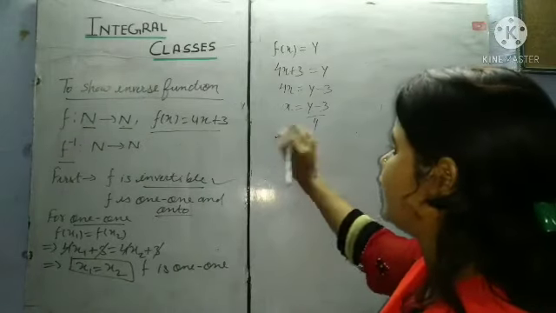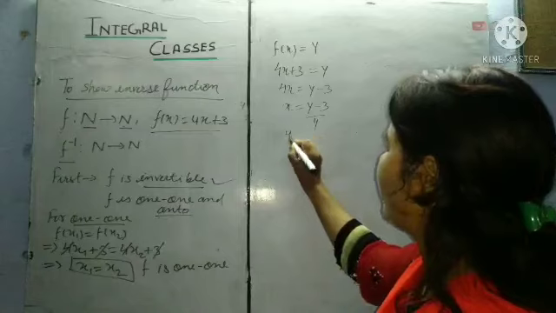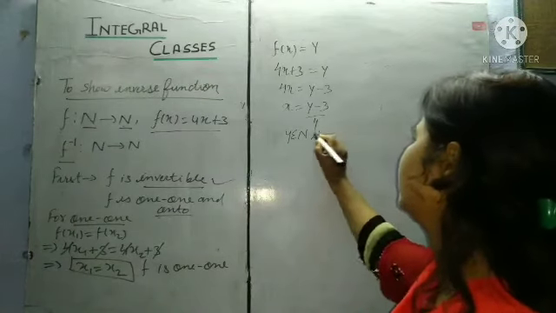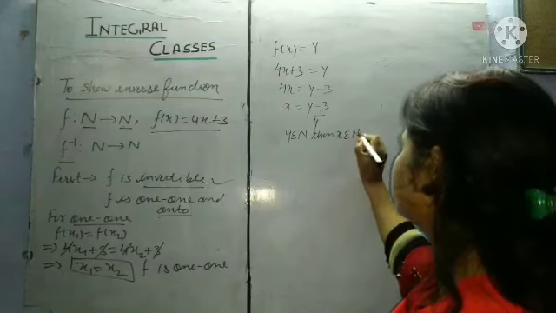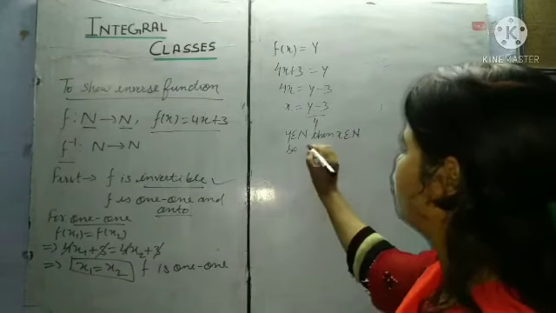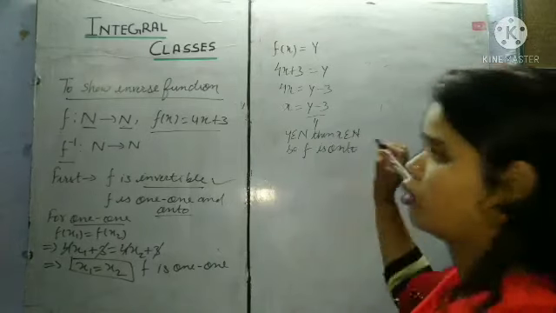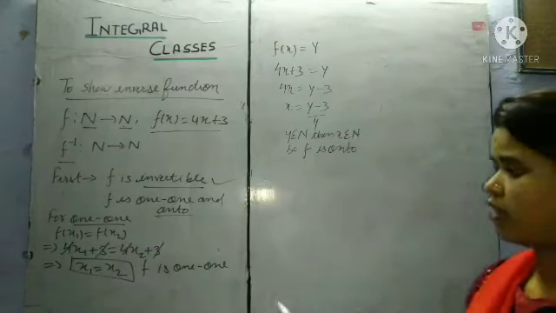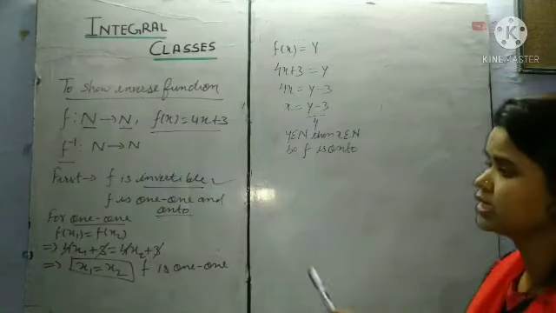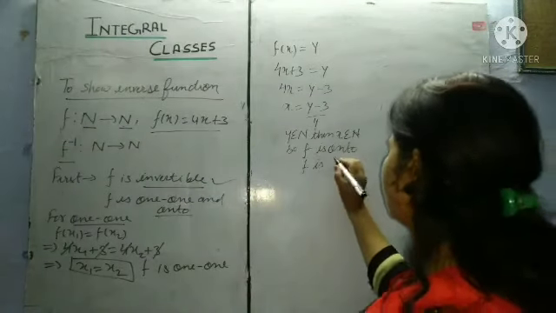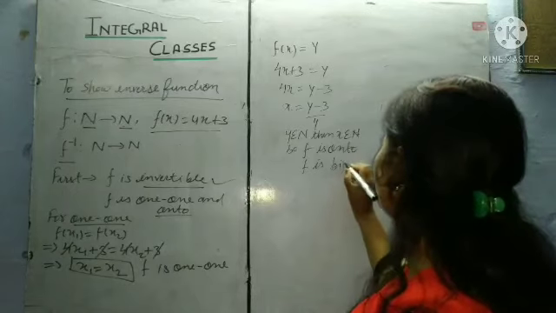So y belongs to N, then x also belongs to N. So f is onto. Now f is 1-1 and onto. It means f is bijective.